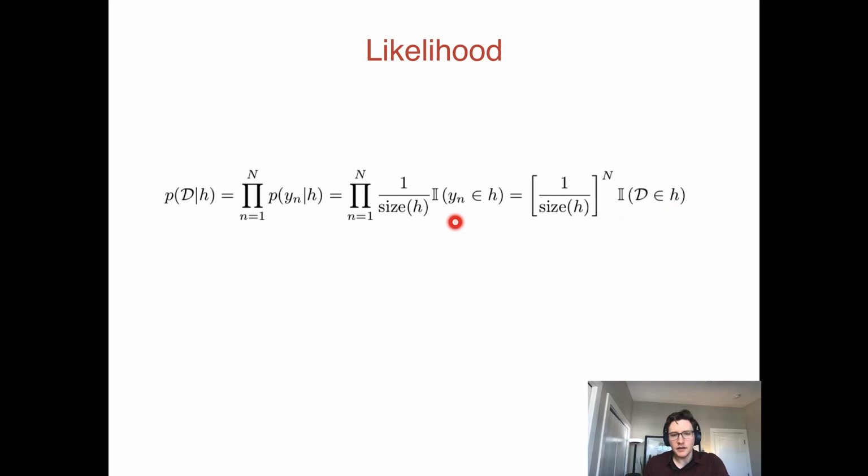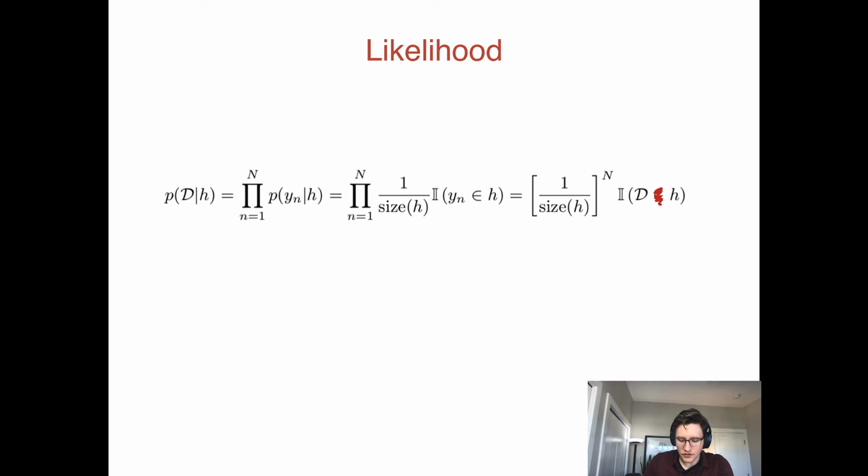Note that I'm not putting a specific yn, but all of our data, and asking, is all of our data within h? If it is, then we're good. If not, then this whole probability is going to be 0. By the way, I think this is a typo in the textbook.